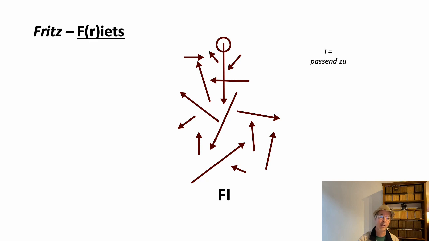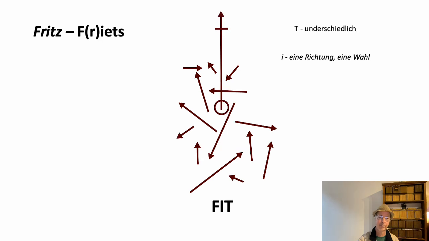So the F will find its direction in the chaos here. F can be in both directions. So here we have fit in the outer direction, and this is one of the choices. You go outward or you go inward. That's the two choices of the E. So you fit it to what you have or you don't.